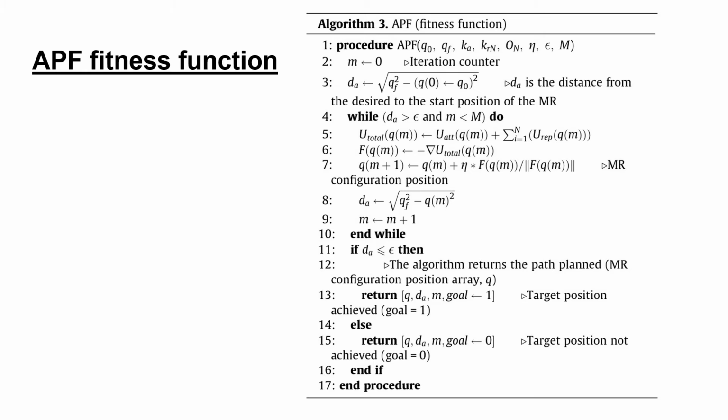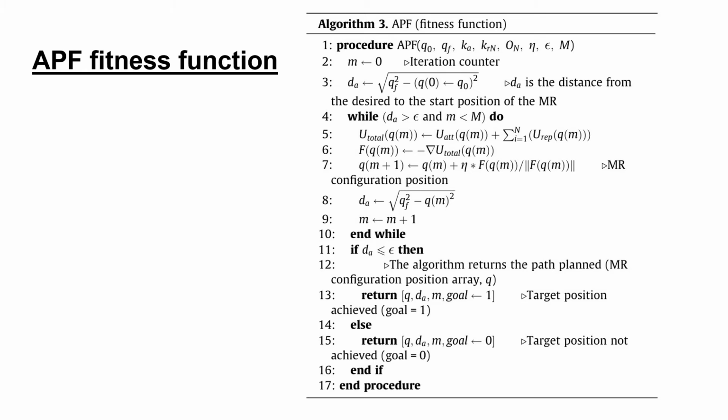The algorithm requires the next set of values: a starting position Q0, a goal position Qf, the proportional gains Ka and Krn, which are the gains of attractive and repulsive potential respectively, and n represents the number of obstacles. The step size eta is used in the iterative calculation of the next position Q, which is step 7.